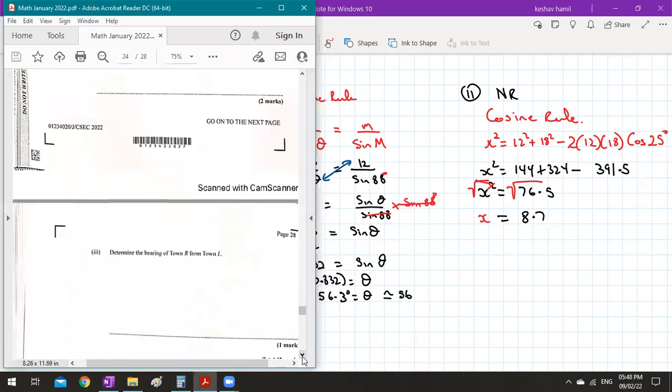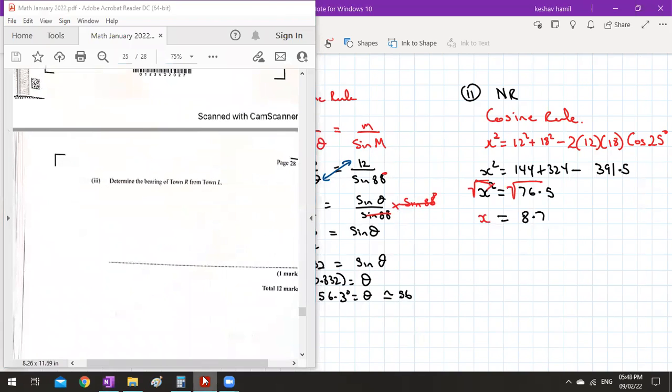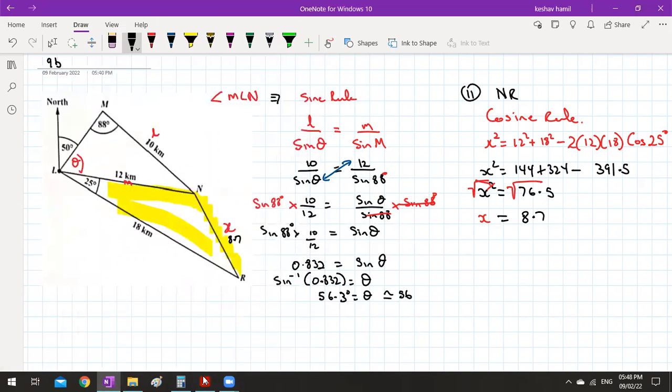Now determine the bearing of R from L. So basically we're going this way, which means that this is the bearing that they want. Now bearings, because we measure from north, we'll be adding these three angles here. So we know that we worked this out to be 56.3.